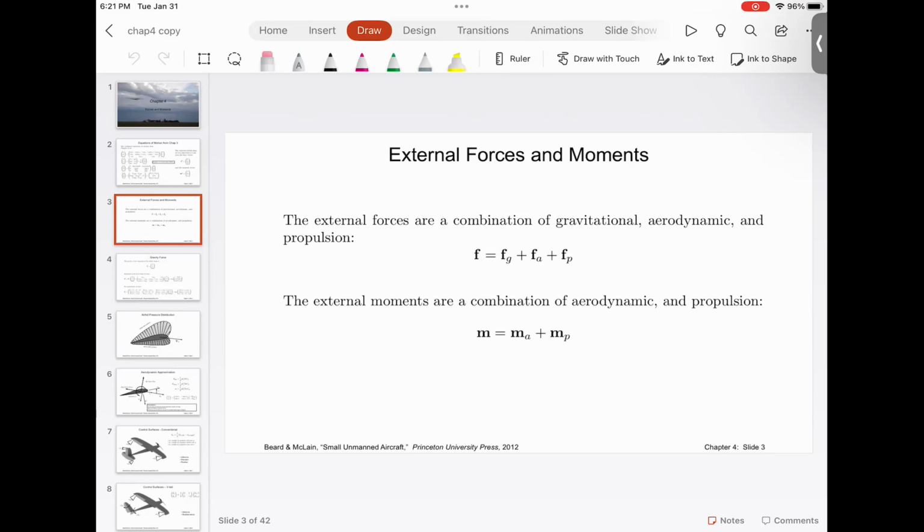You must have seen planes that have props in the front, or planes that have jet engines, 1, 2, or 3. So the Fp, which is the thrust force, would be given by a prop, or it could be given by a jet. Now, there are external moments. Those moments are because of the aerodynamic moment, and these moments could be because of the propulsion moment.